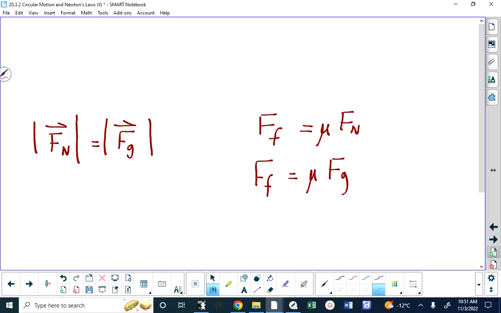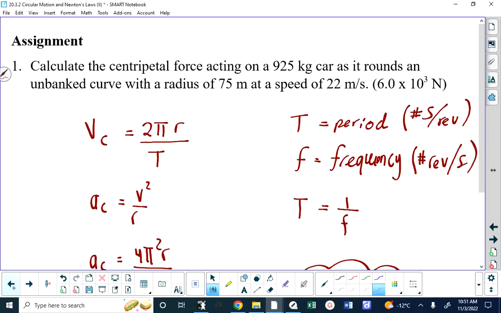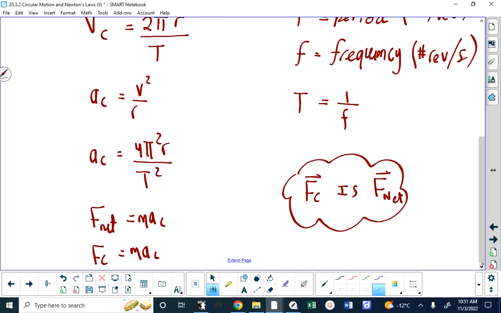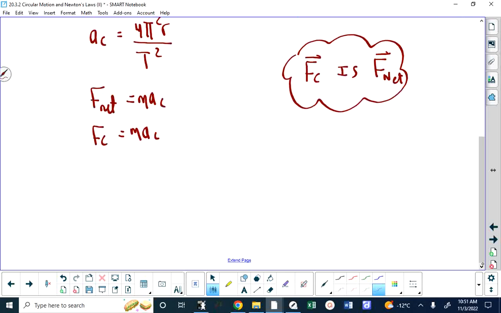Over here, when I say that F net becomes Fc, I'm doing that because F net is Fc. That's what the force is. So I don't want you to think that these are two different forces. I don't even want you to think, well, the centripetal force is the only force, so it's the net force.